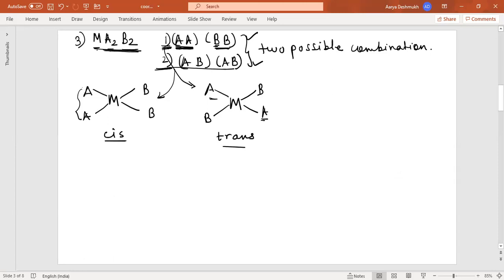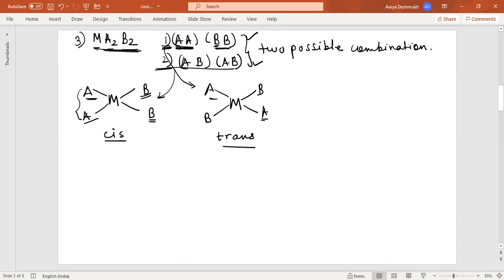So this is cis isomer and this is trans isomer. Now here, in other way you can write this as AB, AB. So this AB, AB and this AB and AB. These are perpendicular to one another.